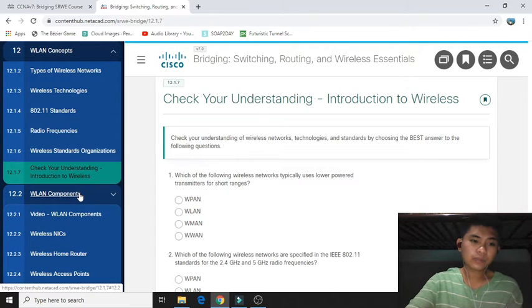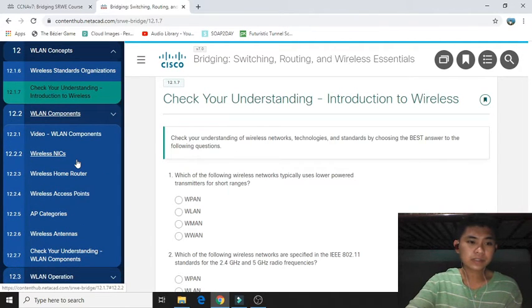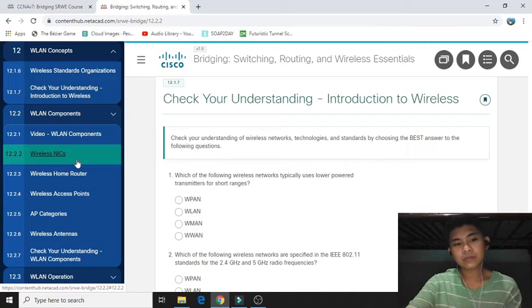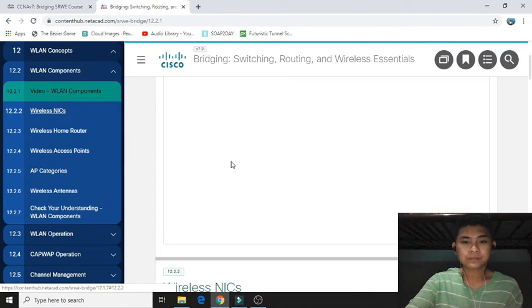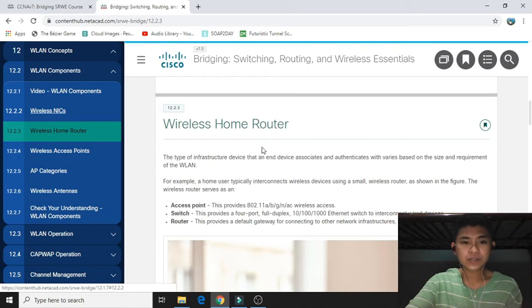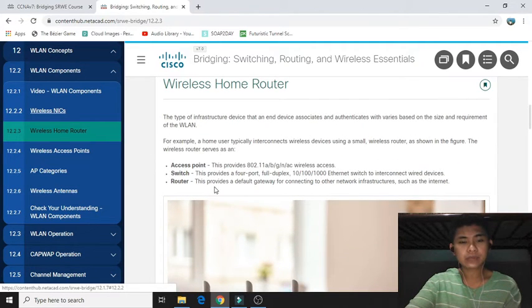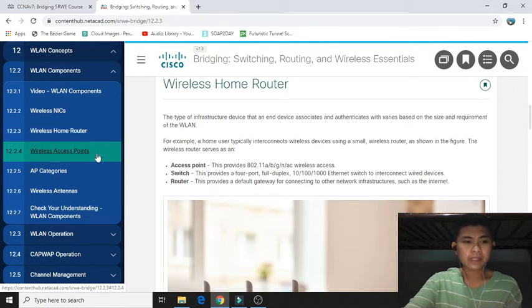Next, we go to 12.2, wireless components. Here we have our wireless home router, a type of infrastructure device that an end device associates and authenticates with, varying based on the size and requirements of the WLAN. And we have the wireless home router, access point, switch and router, and wireless.